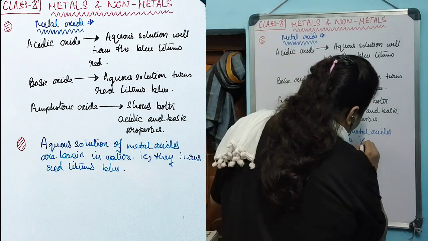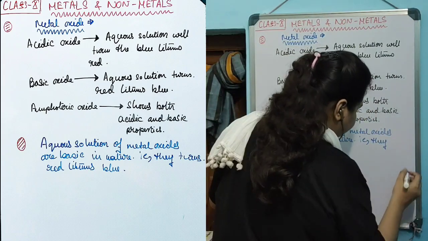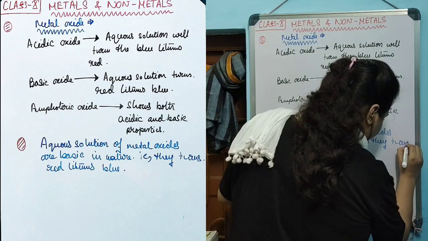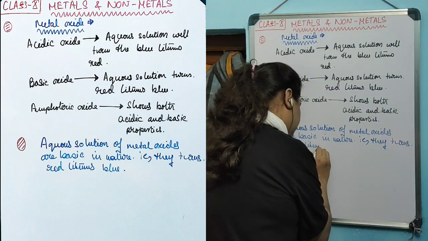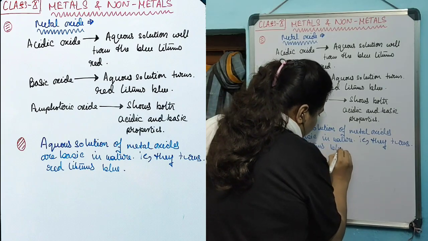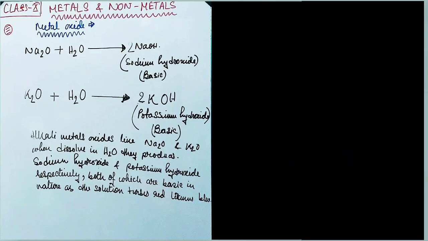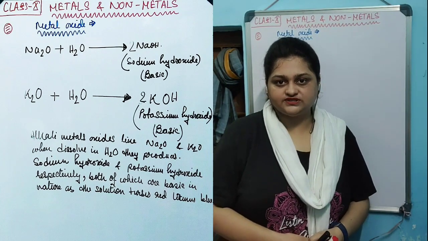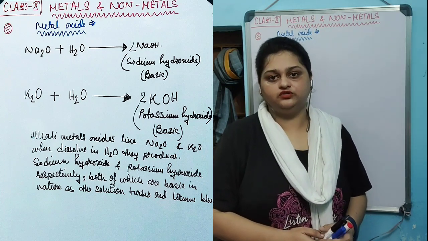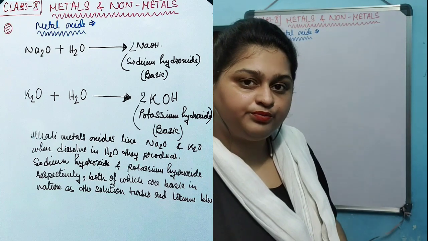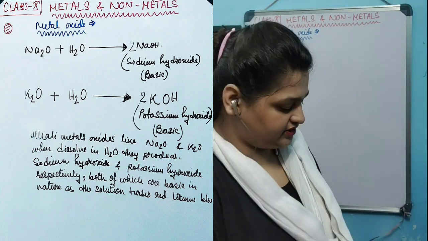That is, the aqueous solution of these metal oxides turns red litmus paper blue. Most metal oxides are insoluble in water, but alkali metal oxides are soluble in water. Alkali metals like sodium and potassium have oxides that are soluble.